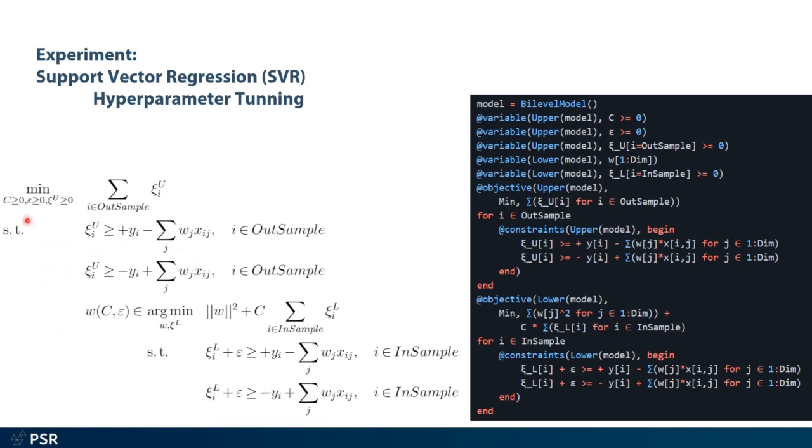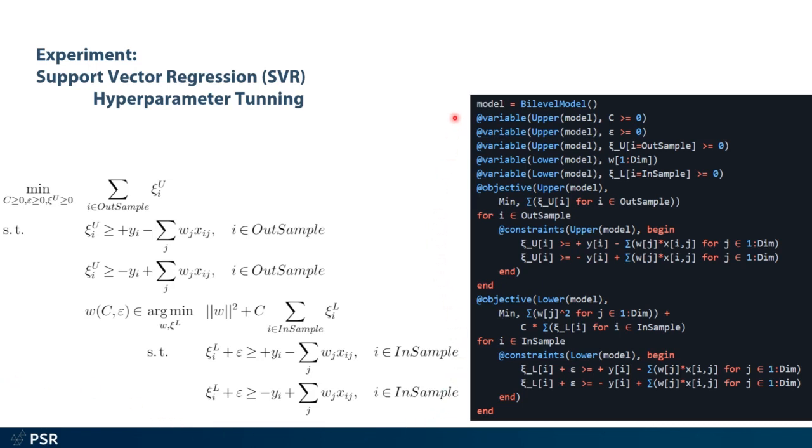With this structure, we are basically doing a correct, theoretically sound way of choosing C and epsilon, which could be done in practice by a grid search or so. But here we are formulating this as an actual bilevel optimization program that can be solved by some specific solvers.